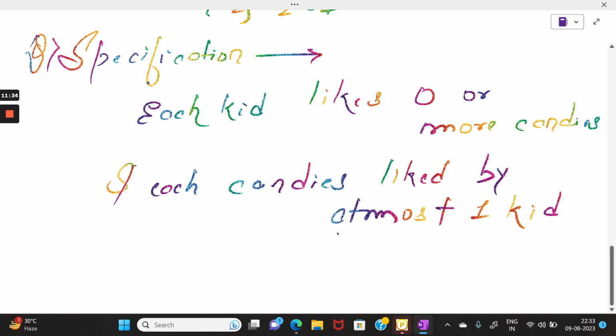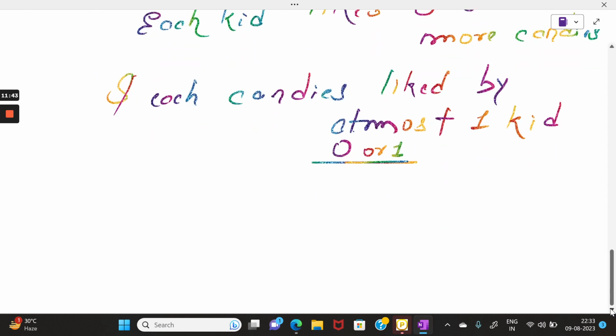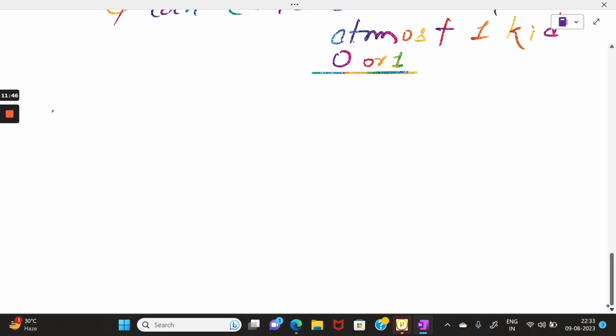At most means 0 or 1. Now, at most and exactly are two different things, we'll see. But let's now concentrate on the examples.